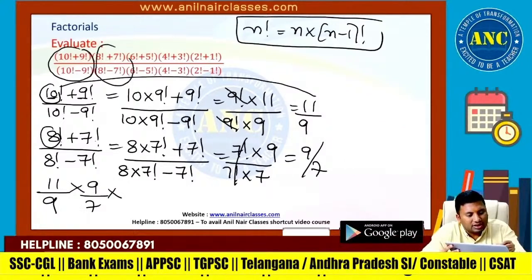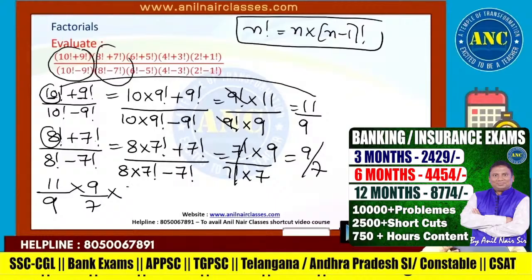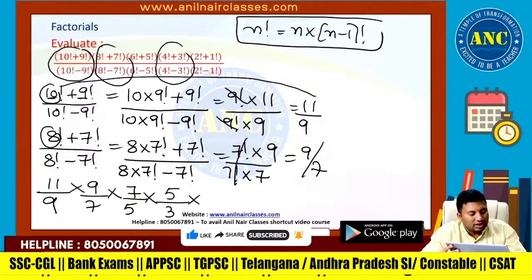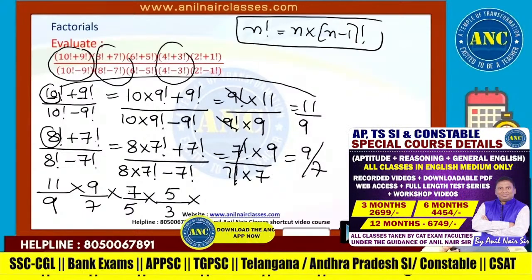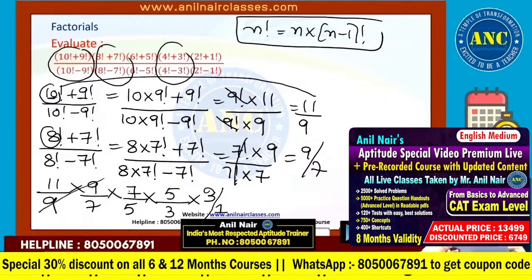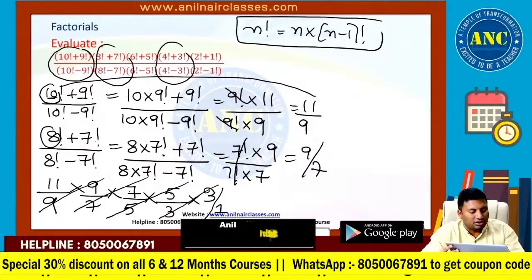Next it is 6 factorial, which means it will become 7 by 5. Next it is 4 factorial, which means it will become 5 by 3. Next it is decrease 2, decrease 2, decrease 2, decrease 2, 3 by 1. I hope it is clear: 9 and 9, 7 and 7 cancel out, 5 and 5, 3 and 3.